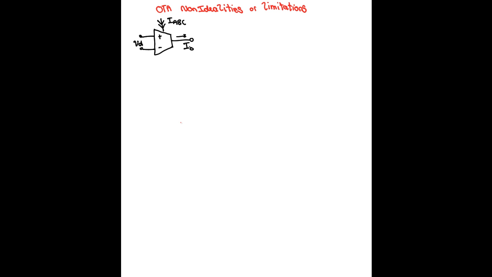Okay, so the first, and the most important, the one that takes you a long time to figure out why it doesn't work: VD, the differential voltage, has to remain very small. And when I say very small, I say preferably less than 20 millivolts.